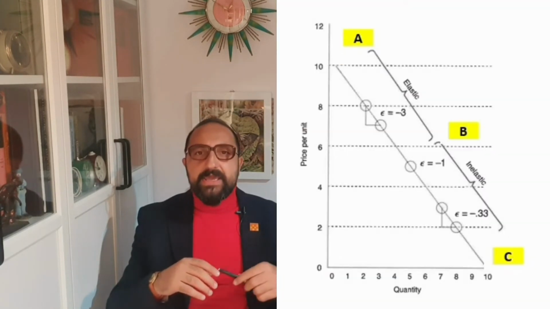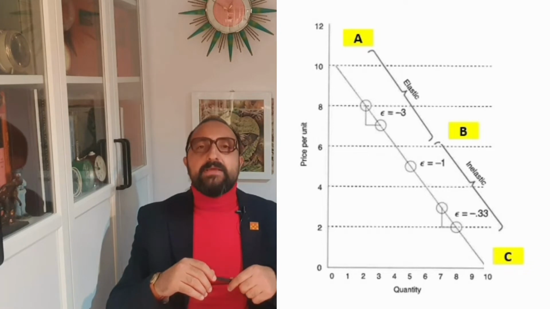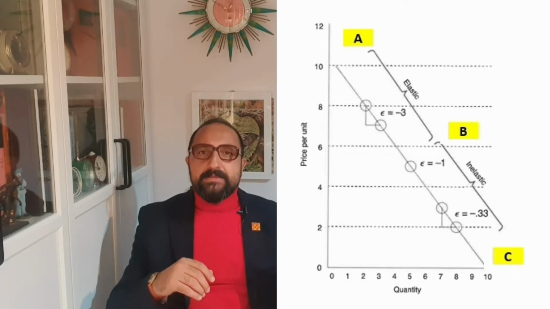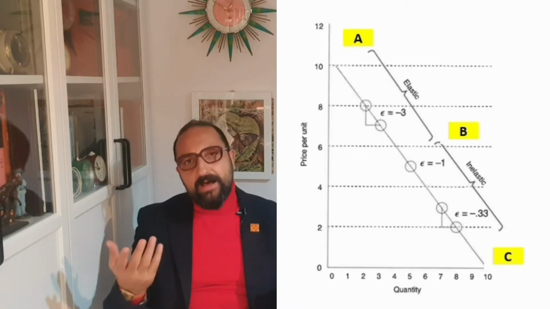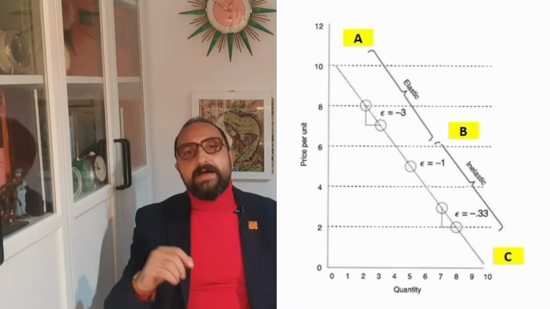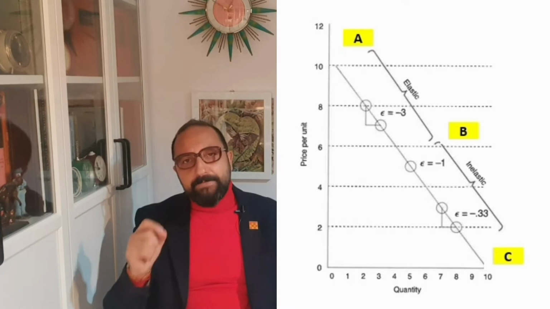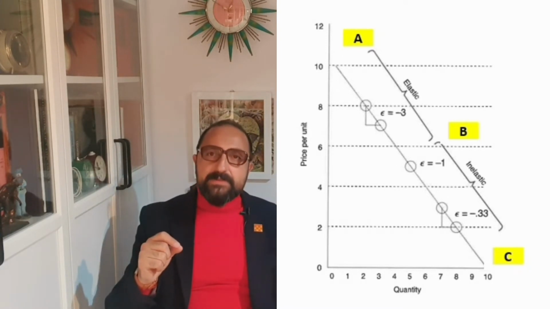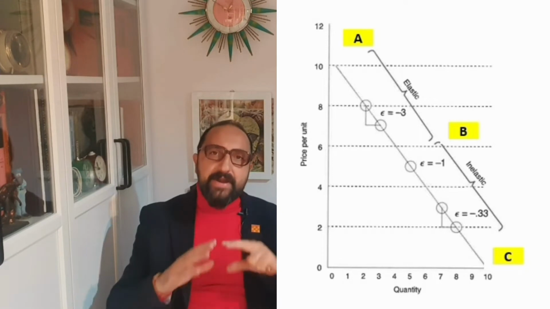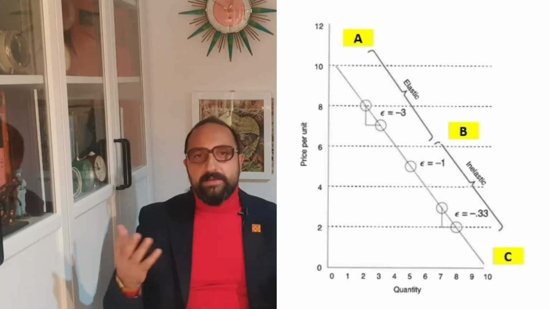In the range A to B, quantity is relatively small and price is relatively high. On the other hand, between B and C, quantity is relatively large and price is relatively low.